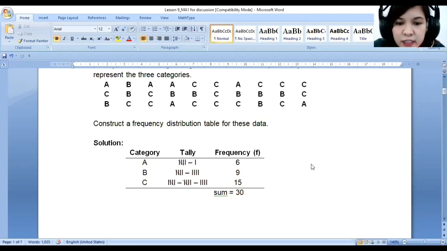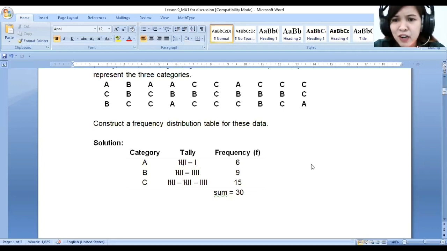Based on the result, it was found out that majority of the respondents chose letter C with 15 counts, followed by 9 respondents who preferred B, and the least among the 3 is letter A with only 6 counts.